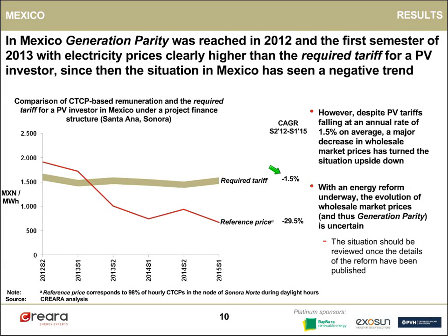In Mexico, generation parity was actually reached in 2012 and the first semester of 2013. You can see here on the left side of the graph that the reference price was above the required tariff, but the very strong decrease of the reference price by about 30% annually between the beginning of 2012 and the beginning of 2015 has led to a required tariff that is actually quite far from the reference price.